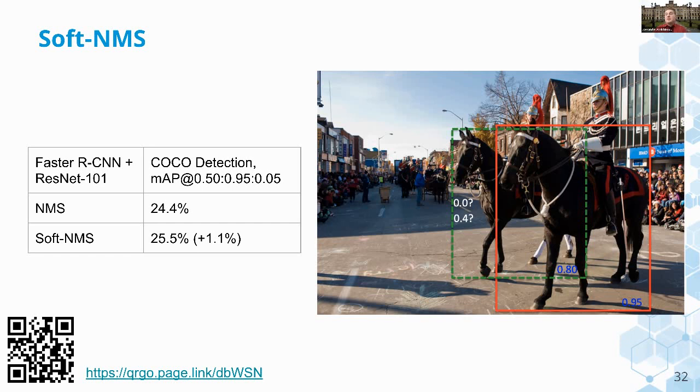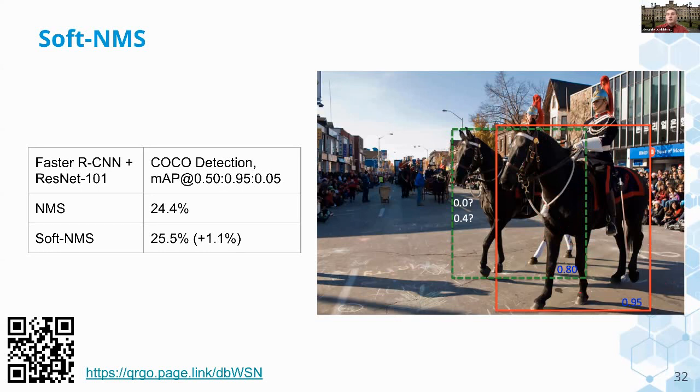And this idea was incorporated in Soft-NMS, which, instead of removing this bounding box by assigning it a score of 0, simply decreases the score of this prediction by the amount of overlapping area with the higher confidence bounding box.